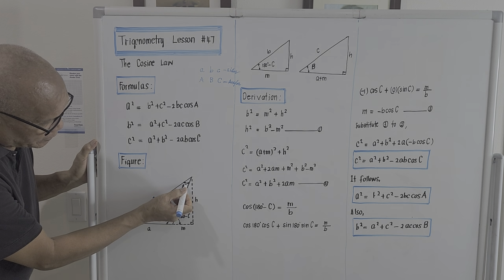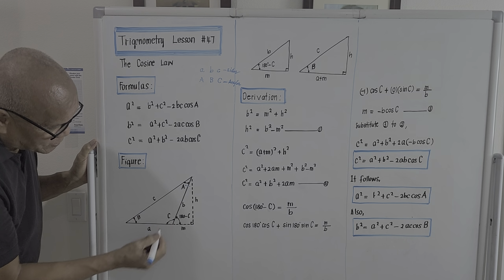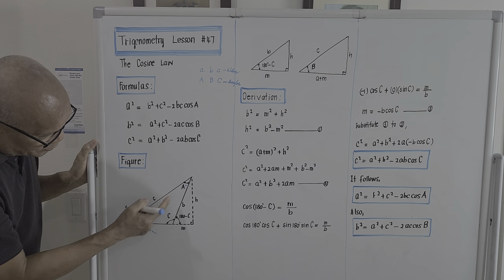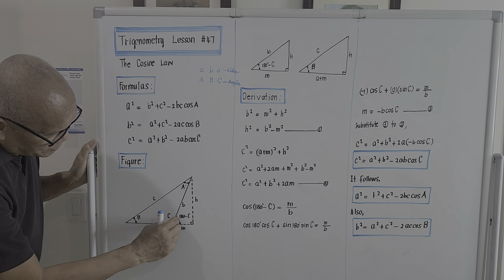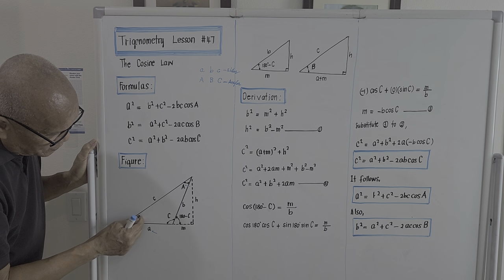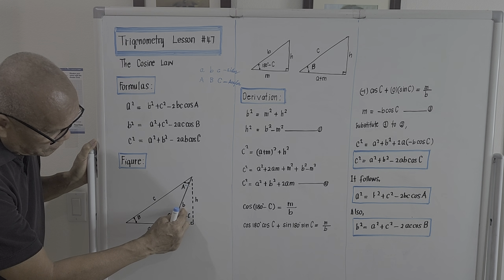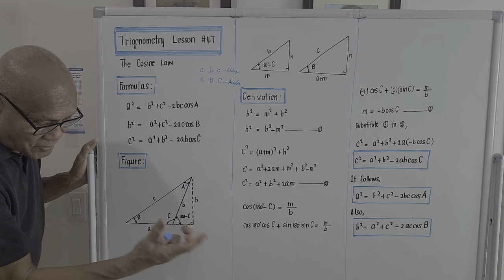If this is angle A, the side opposite this angle is actually side A. So if this is A, this should be A. If this is C, this should also be C. And if this is B, this should also be B. Okay? We could not say that this is angle B and this is angle A. It's not.